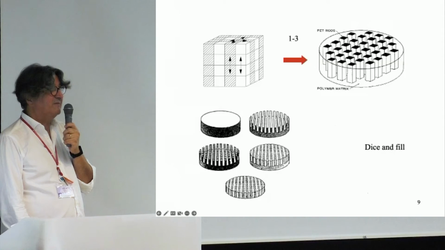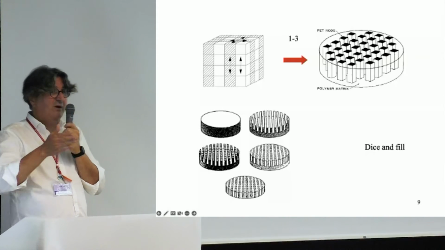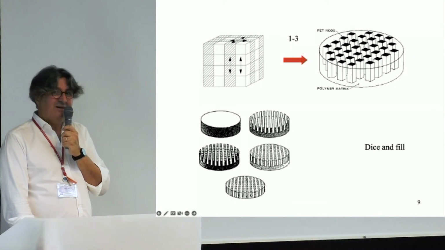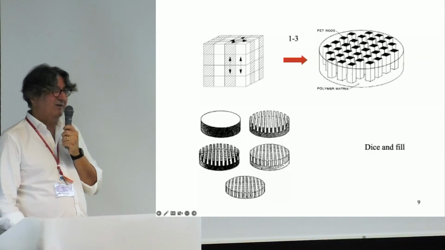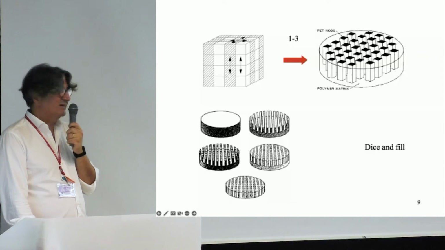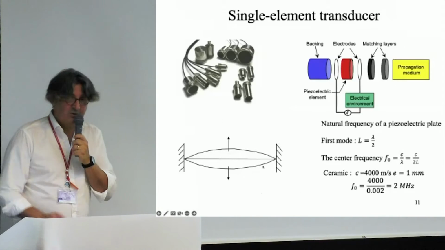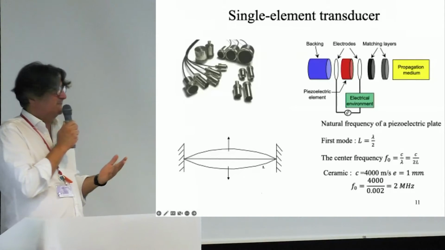It's quite nice. I do an undercut to avoid coupling between elements, but I can very rapidly make multiple array transducers by just laying down electrodes. Okay, so this is the material that is used today.